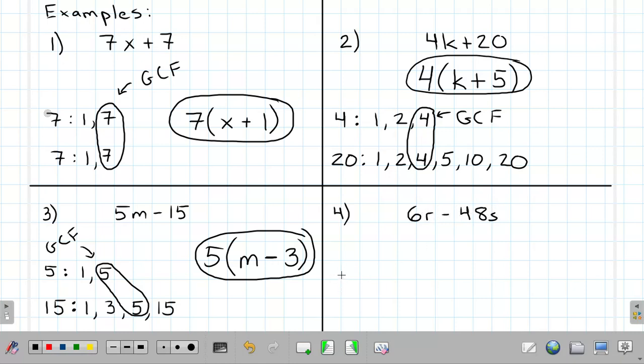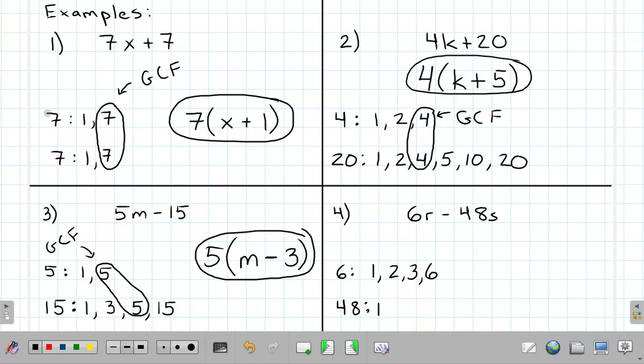So what I mean by that is, now we just look at what the factors of 6 are, and we look at what the factors of 48 are. Now the factors of 6 should be pretty easy. The factors of 6 are 1, 2, 3, and 6. But 48, there's actually a lot of factors of 48, okay?